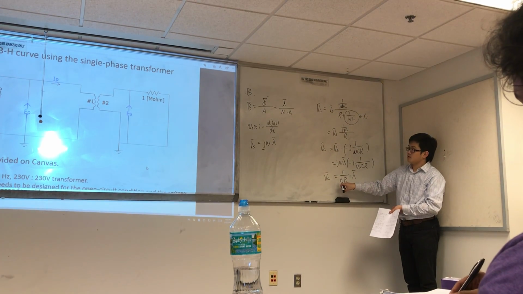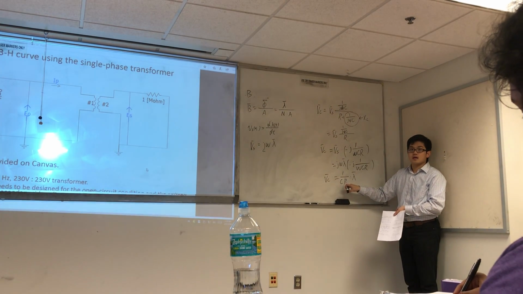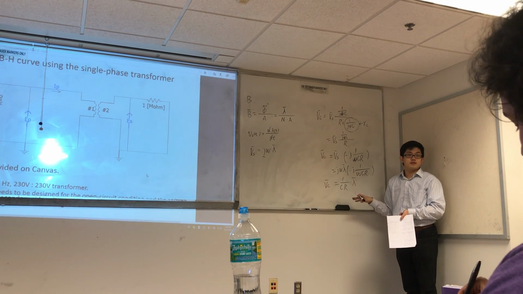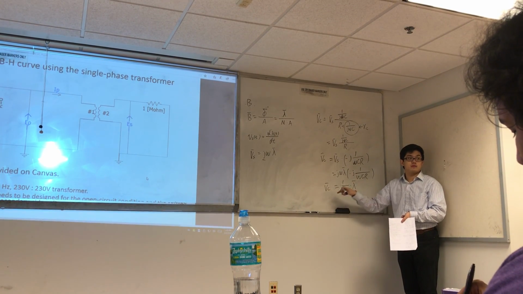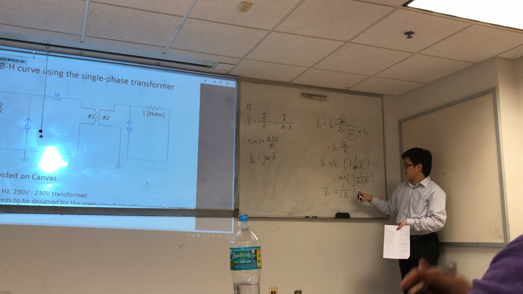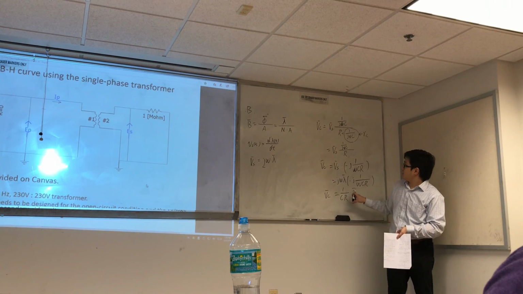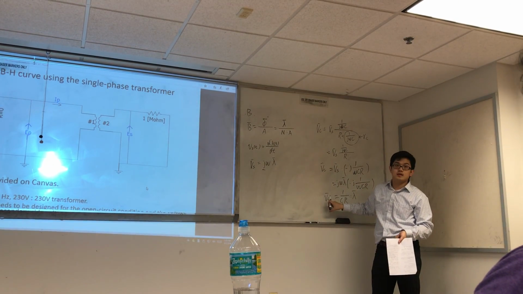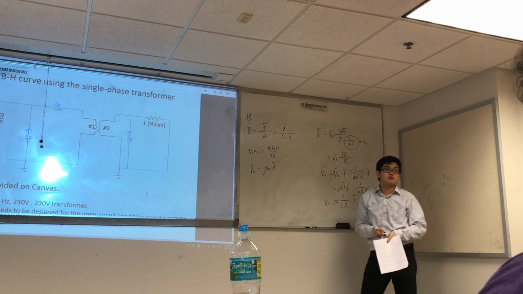Your C is constant, R is constant, and there's no phase shift. So your Vc and lambda are in phase. They have the same angle. So we can use Vc to represent lambda, and your lambda can replace B. That's why we can use this Vc to replace the B.